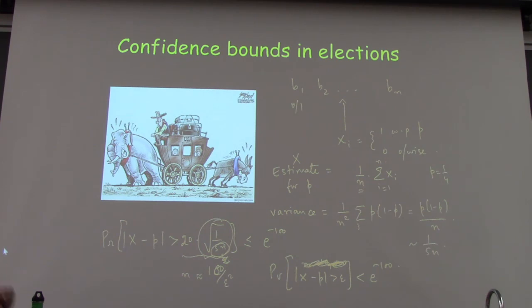So all I have to take is some constant by epsilon squared many samples, and then I'll have an extremely high guarantee that I'm within epsilon of the true value. This is why, when people do polling, if you want an accuracy of epsilon, you have to poll roughly 1 over epsilon squared people.